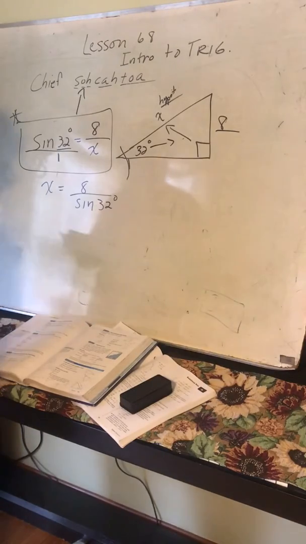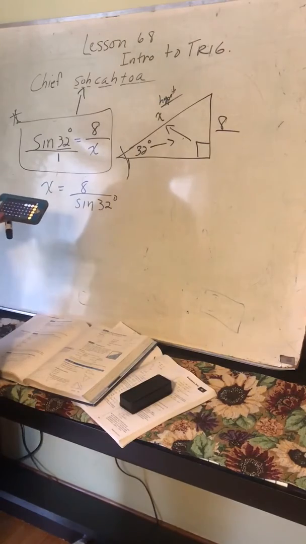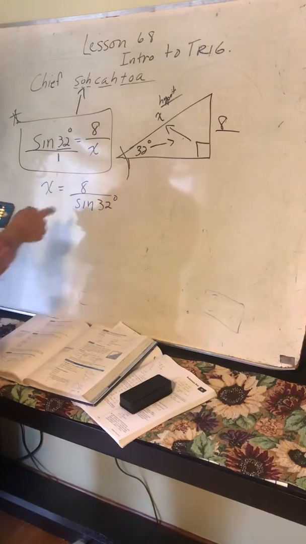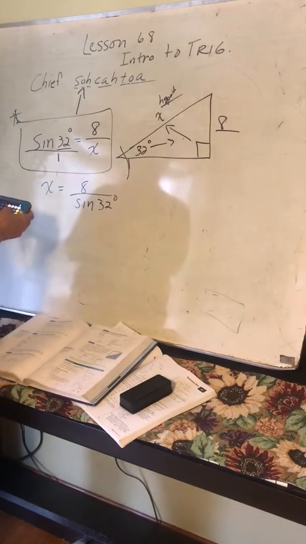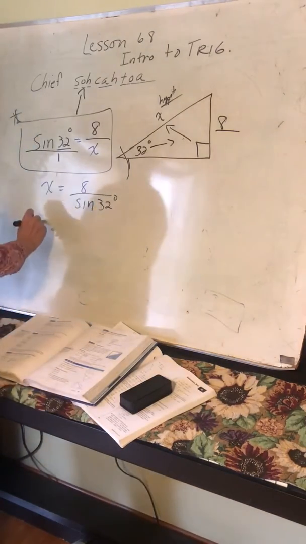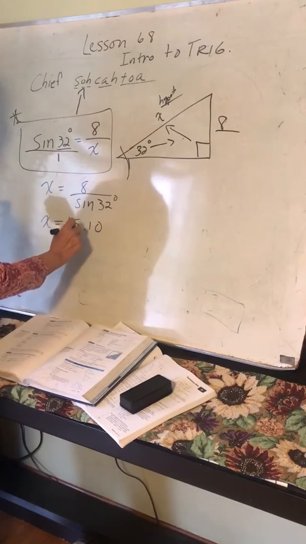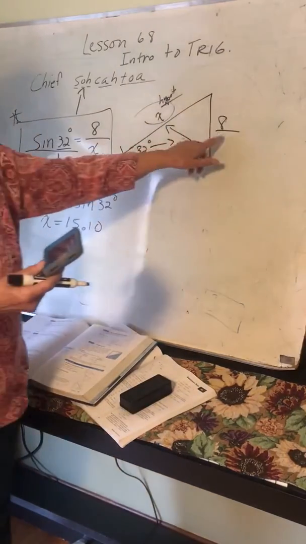Here again, this may be different for some of you, but on my calculator I'm going to do 8 divided by 32, and then hit sine, and then equals. And that equals, x equals 15.10. So that is the measurement of that. This one's 8, this is 15.10.